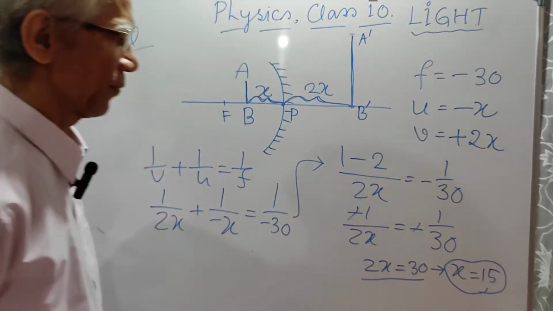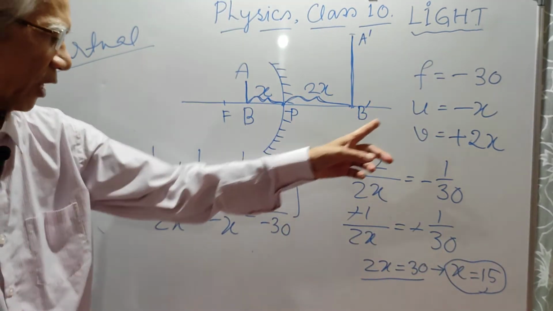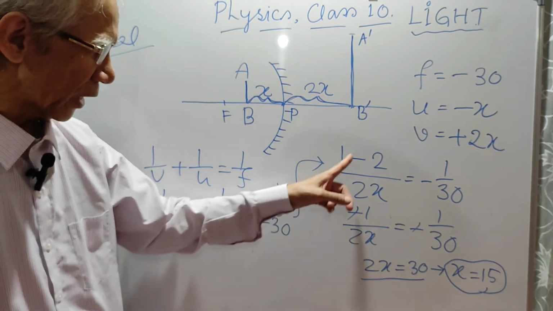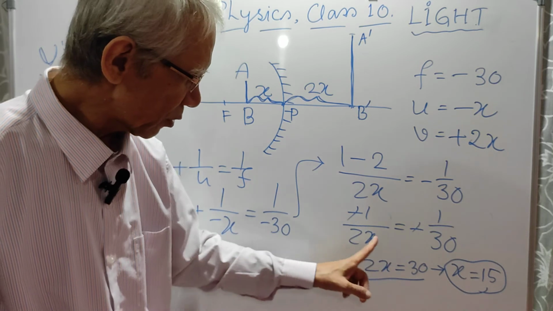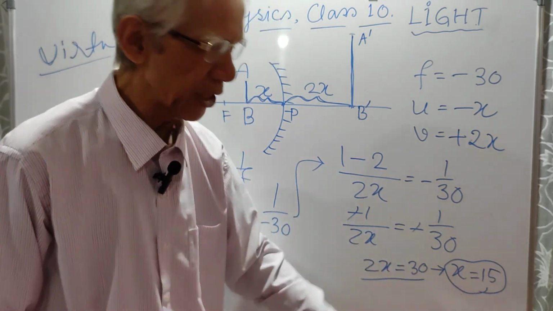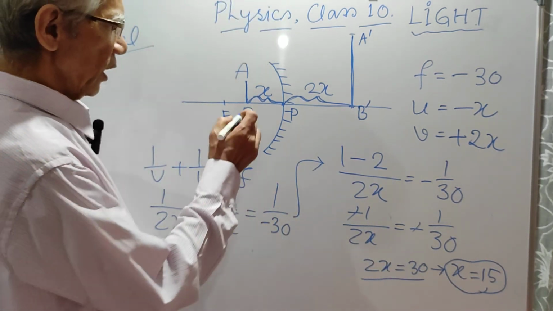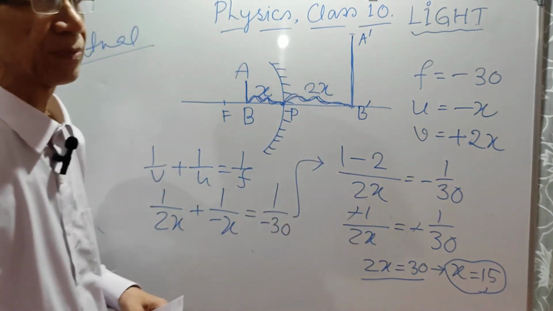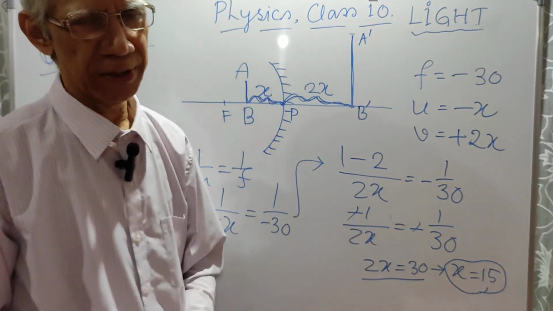This is the answer. So putting these values in the mirror formula, we solve. That solving part you should know. Then this way we get twice x equal to 30, x equal to 15 centimeter. So that means this is 15 centimeter and this is 30 centimeter. So here the answer is 15 centimeter.